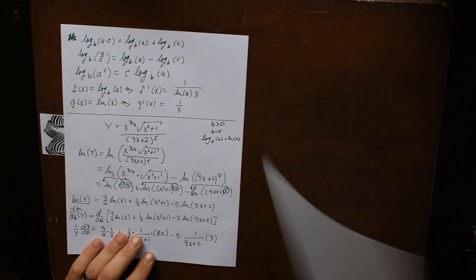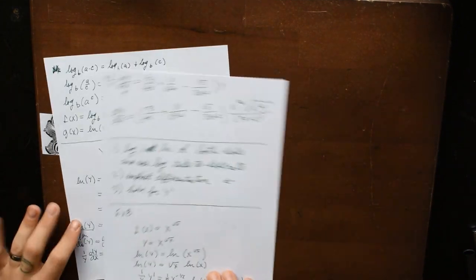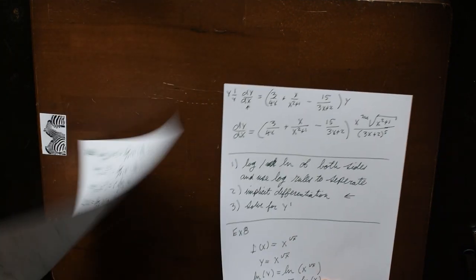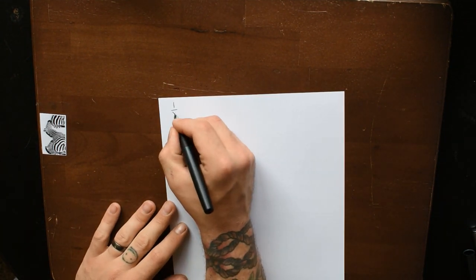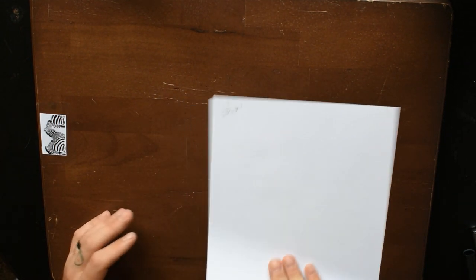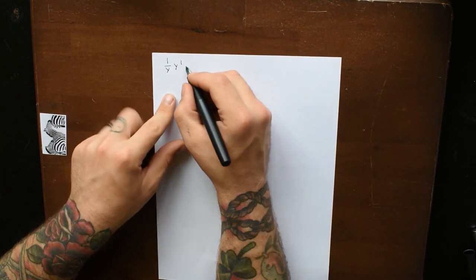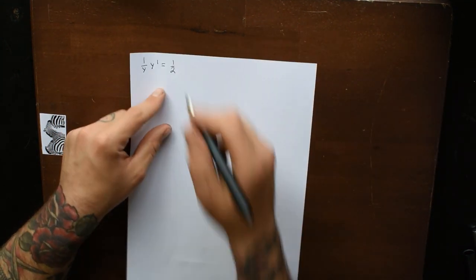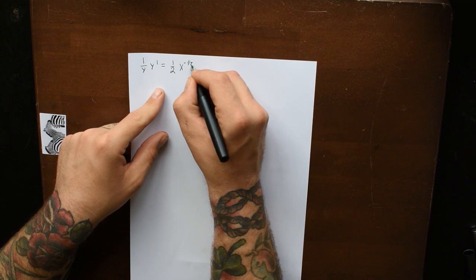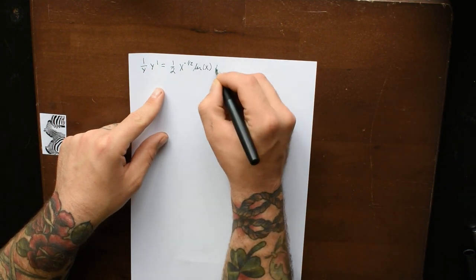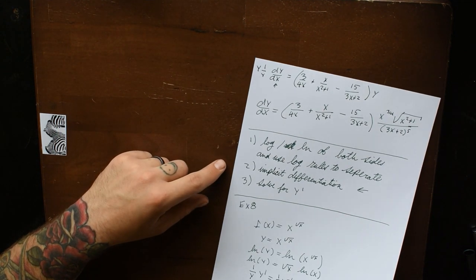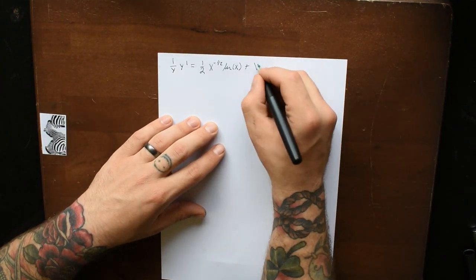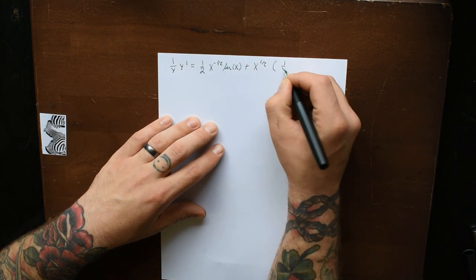Now we want to gather our like terms. I'm just going to copy this from the page behind us. 1 over y times y prime equals 1/2 of x to the negative 1/2 times the natural log of x plus x to the 1/2 times 1 over x.